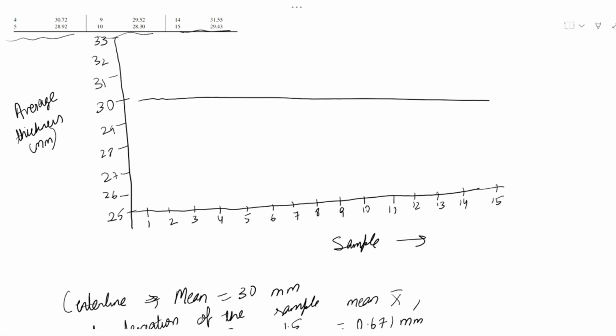This is the center line, and the center line is equal to 30. Upper control limit is 32.013, so we will draw a line here. This will be the upper control limit, 32.013.